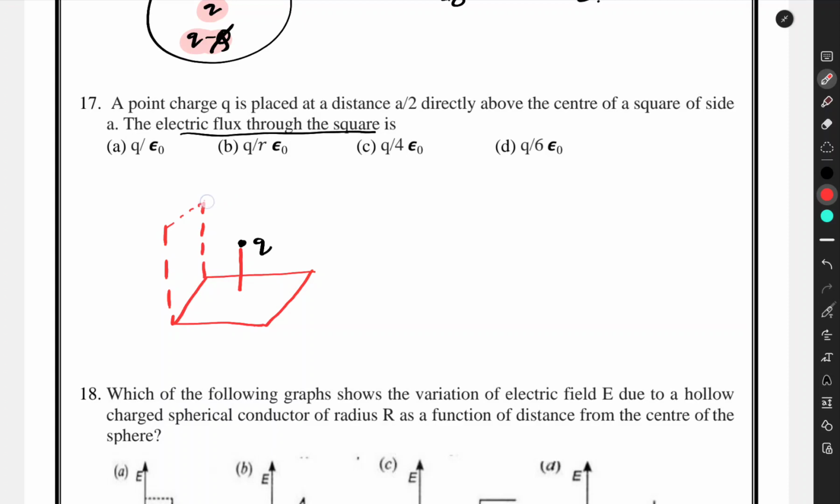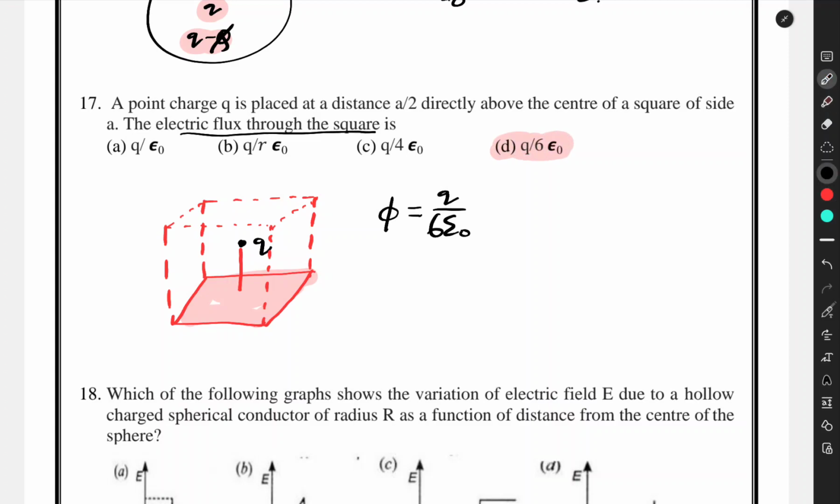Let me consider a Gaussian surface; to apply Gauss law, we should consider a Gaussian surface around it. What is the electric flux through this surface? We can answer it: q by 6 epsilon naught. This is Gauss law.